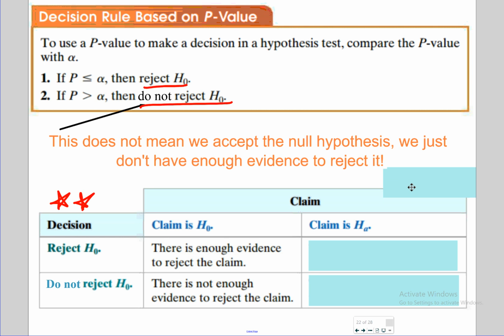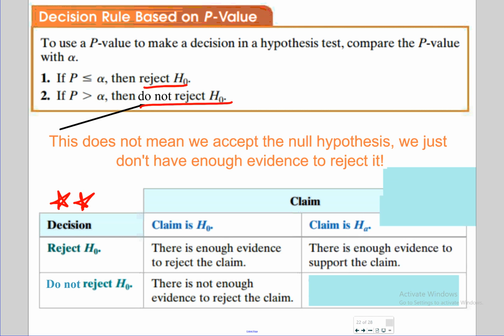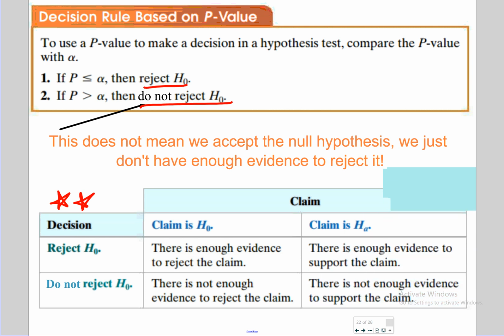The other alternative is that your claim is the alternative hypothesis. Again, our decision is always based on the null, though. Okay, so we either reject the null or we do not reject the null. If your claim is the alternative, the wording changes a little bit. If we reject, we say there is enough evidence, but this time we say we are supporting the claim.